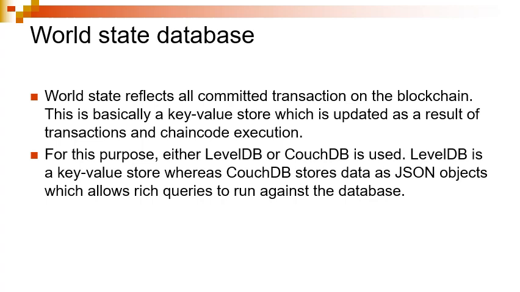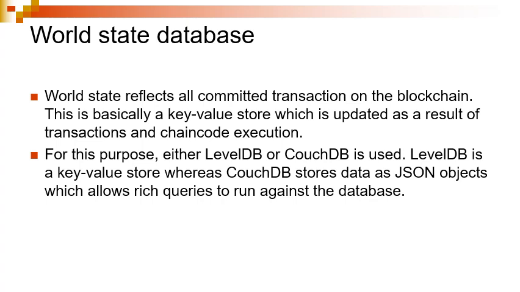So this world state database is nothing but, we can say, a ledger that stores all the committed transactions, and it is updated as a result of the transactions. When the transactions are processed through the consensus mechanism and chain code execution, then this world state database is updated. So for this purpose, either LevelDB or CouchDB is used.